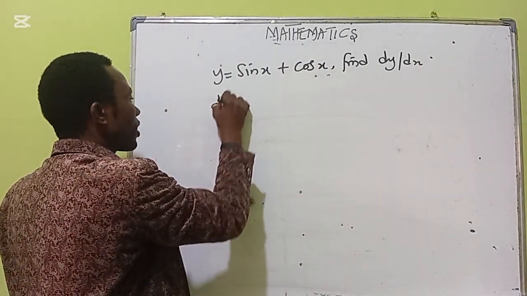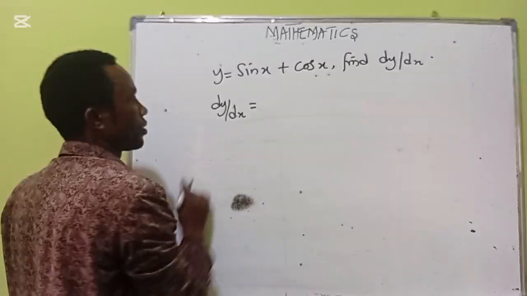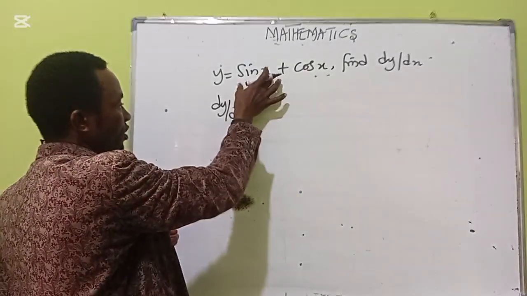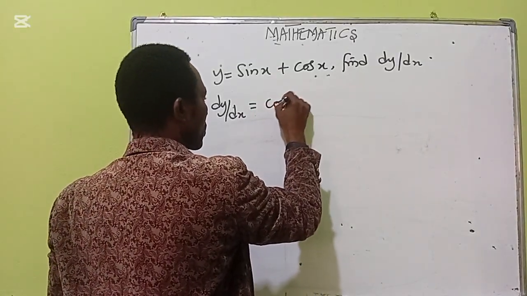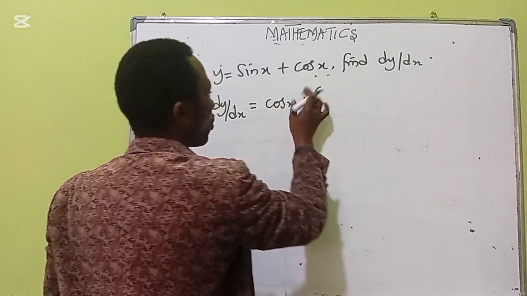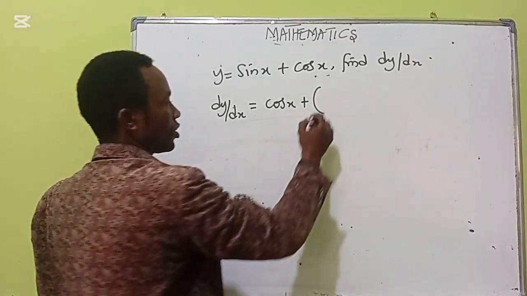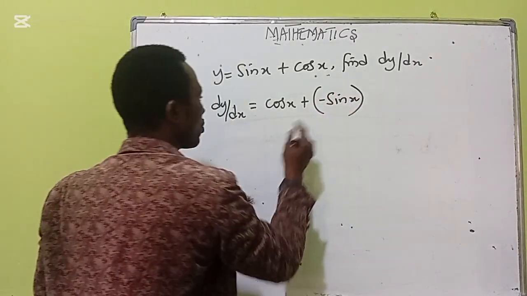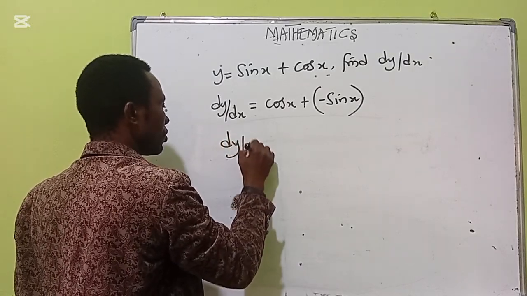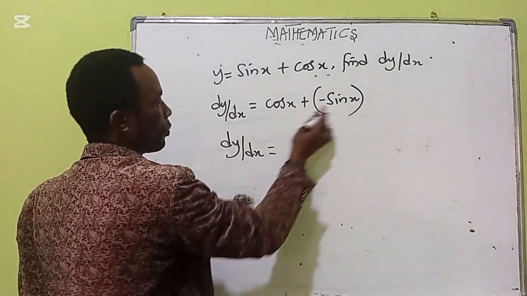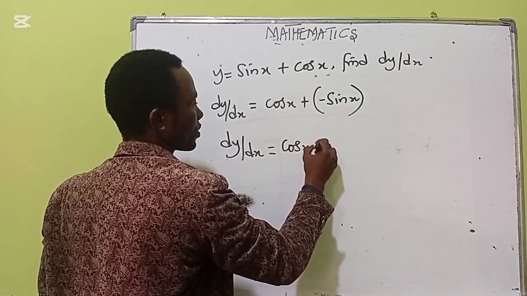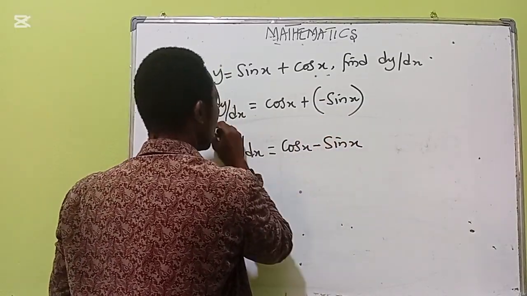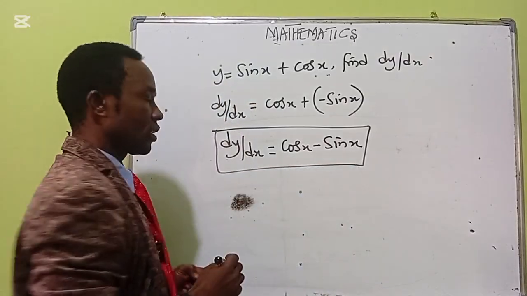So your dy over dx will be equal to, from what I gave in the table, when you differentiate sine x, you get cos x, then plus, when you differentiate cos x, you get minus sine x. So when you open the bracket, you have cos x plus minus, which gives minus sine x. So this becomes the answer.